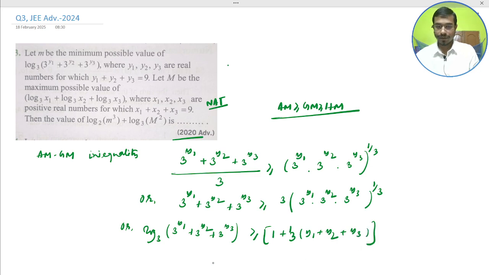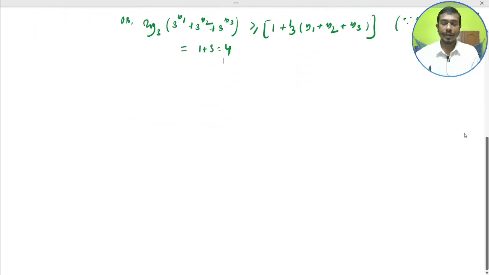Because y1 plus y2 plus y3 is 9 as given, this would become 1 plus 3, which is equal to 4. So here the minimum possible value of m is 4.